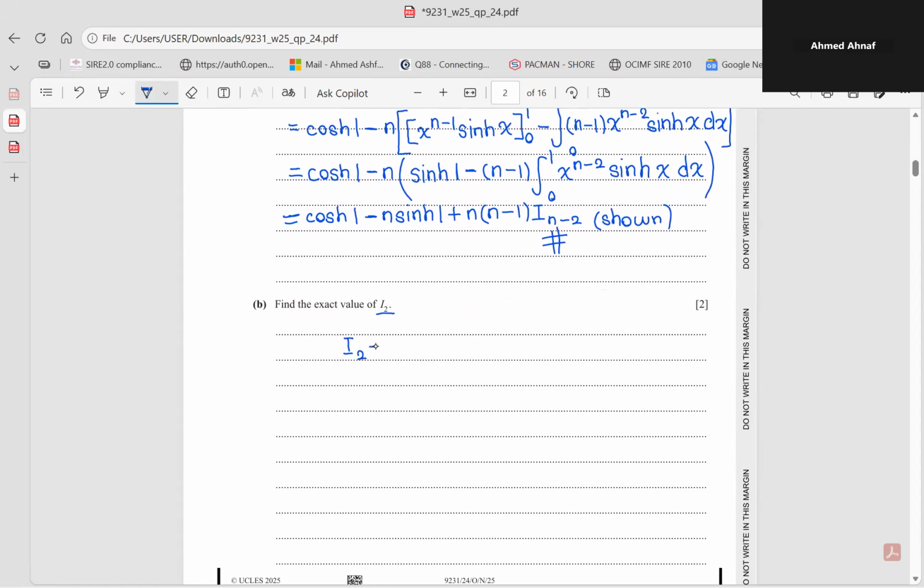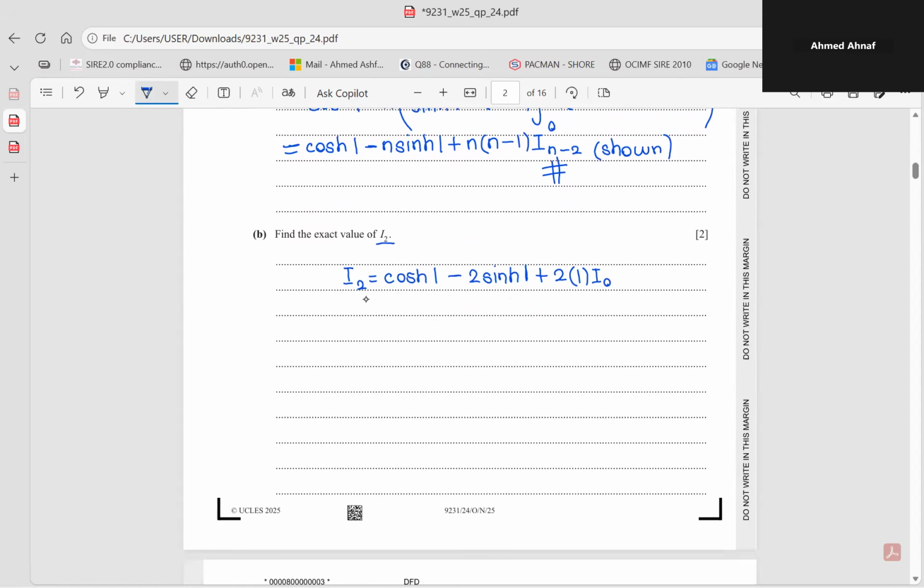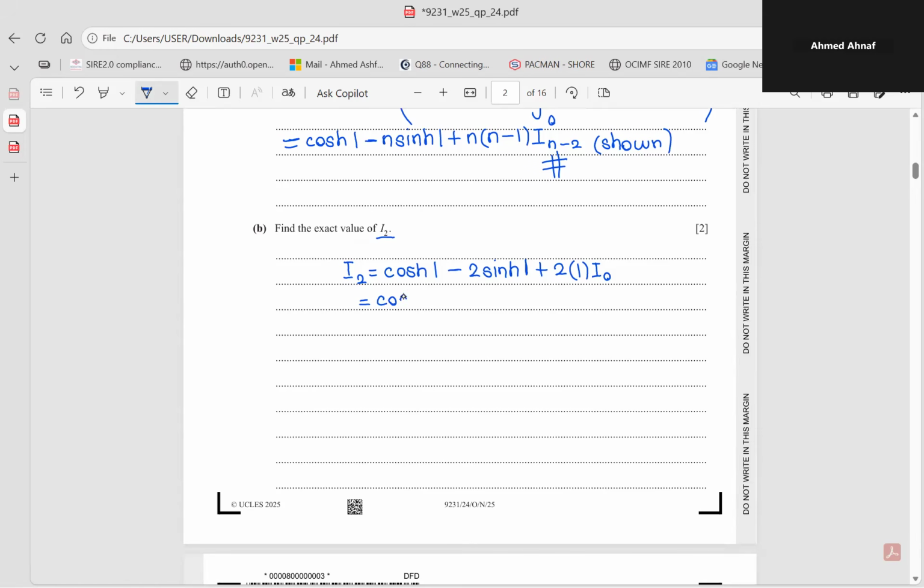So I subscript 2 is going to be minus cos 1 plus 2 sin 1, minus 2 times 2 minus 1, which is 1, times I subscript 2 minus 2, which is just I subscript 0. So we have minus cos 1 plus 2 sin 1 minus 2 I subscript 0.